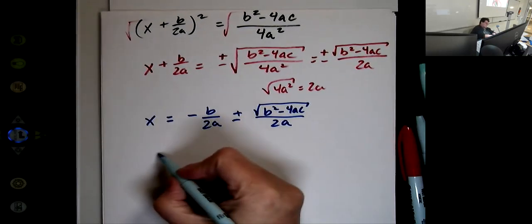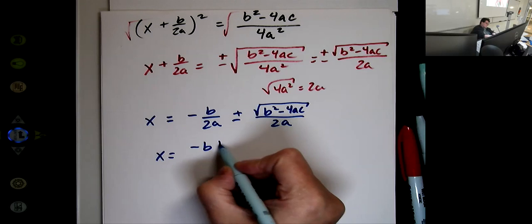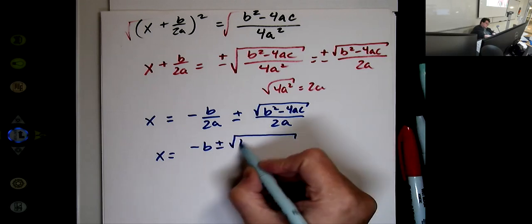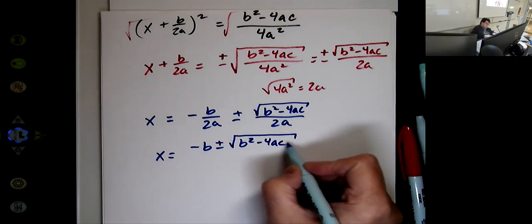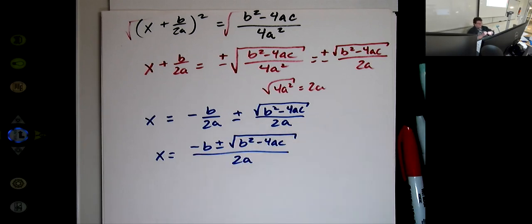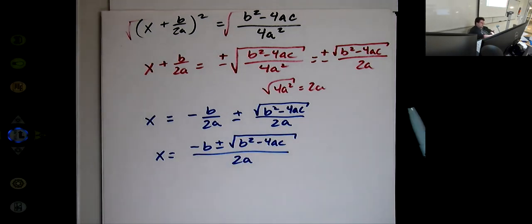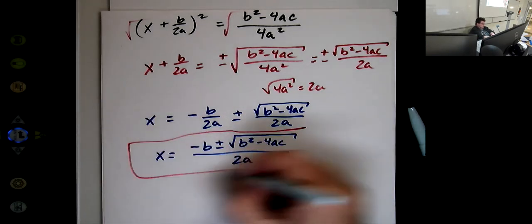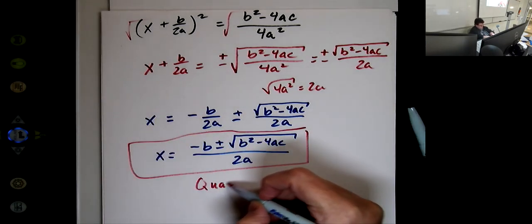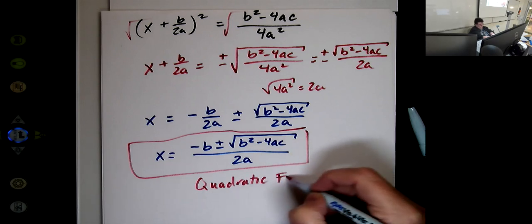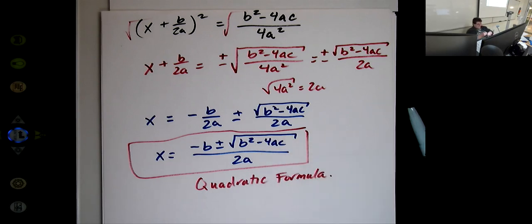And this is commonly written as just one big formula. This is called the quadratic formula. Just a second to soak that up.